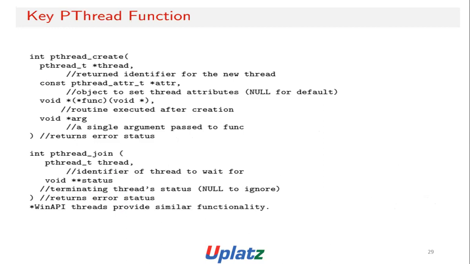Key pthread functions: int pthread_create, with pthread_t star thread, which starts the thread and returns an identifier for the new thread; const pthread_attr_t star attr, an object to set thread attributes, NULL by default; void star function taking void star, the routine executed after creation; and void star arg, a single argument passed to the function. It returns an error status. int pthread_join, with pthread_t thread, the identifier of the thread to wait for, and void star star status, the terminating thread's status, NULL to ignore; it returns an error status.